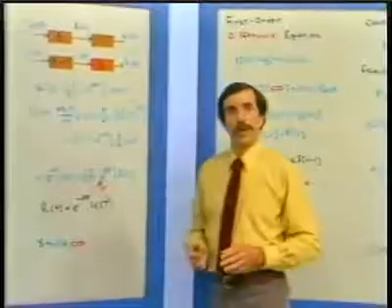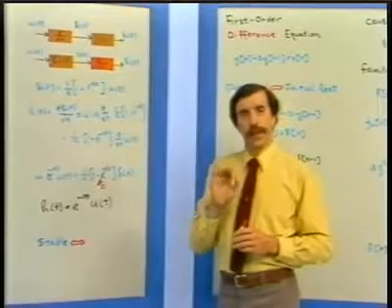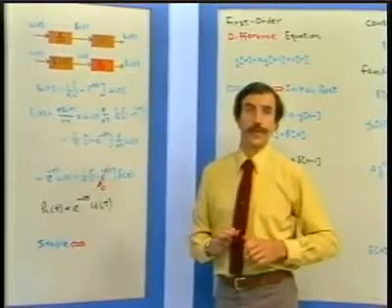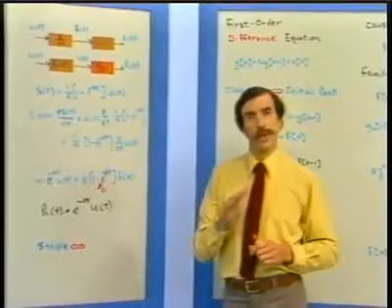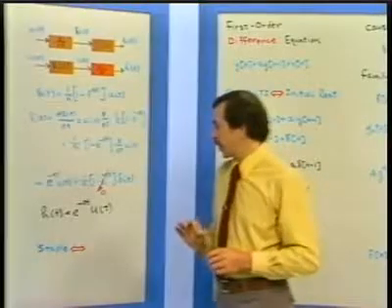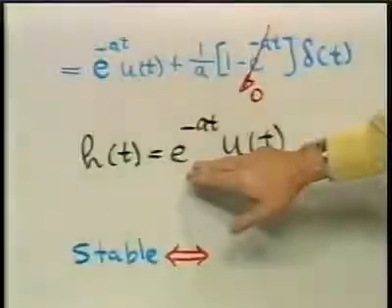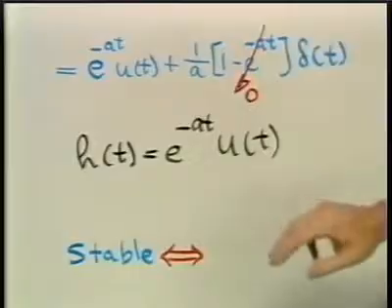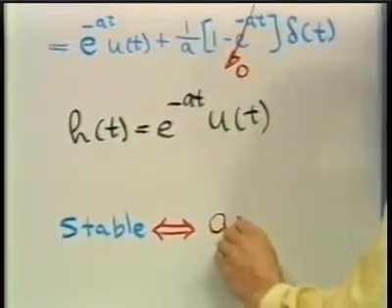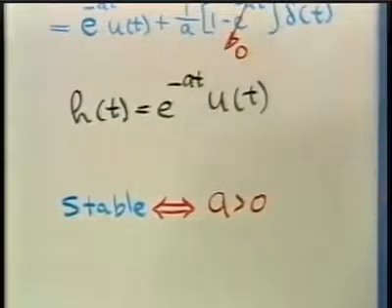And recall that, as we talked about previously, a linear time invariant system is stable if its impulse response is absolutely integrable. For this particular case, this impulse response is absolutely integrable provided that the exponential factor A is greater than 0.